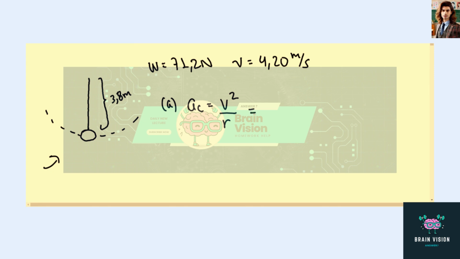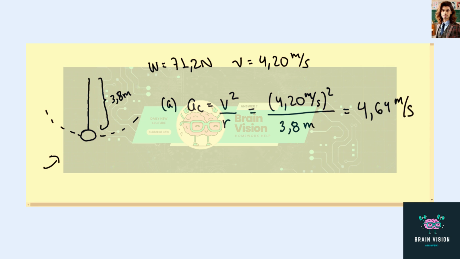We know that the velocity is 4.20 meters per second, and we also know that the radius is 3.8 meters. So putting this into the calculator, we obtain 4.64 meters per second squared. So this is the centripetal acceleration of the ball.